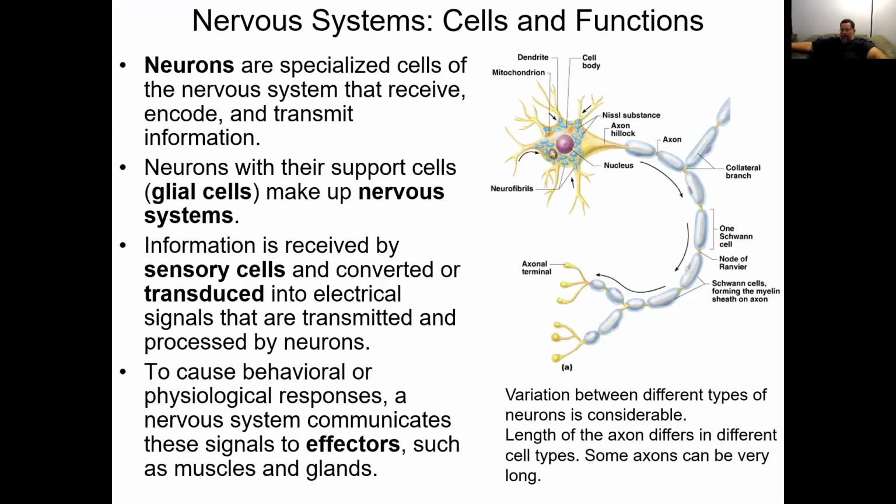So obviously, as I'm sure you're well aware, the nervous system is made up of neurons. Neurons are specialized cells that can transmit information. They are excitable. They are able to communicate to one another and form a network.